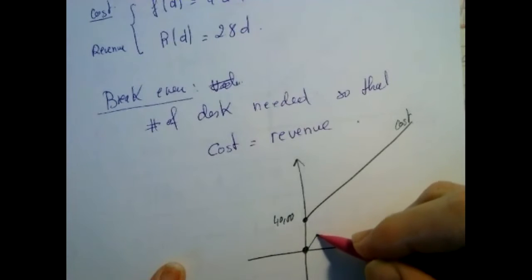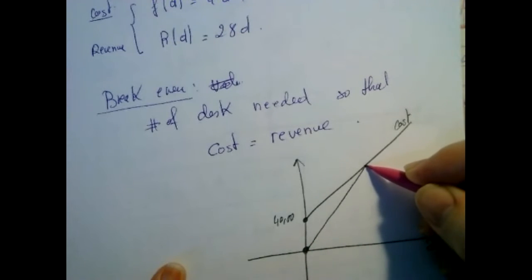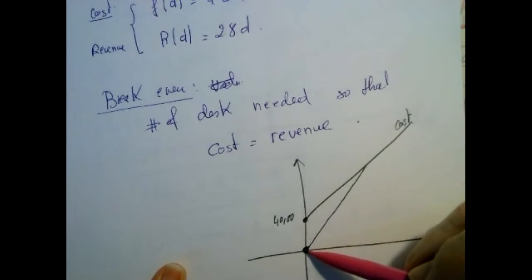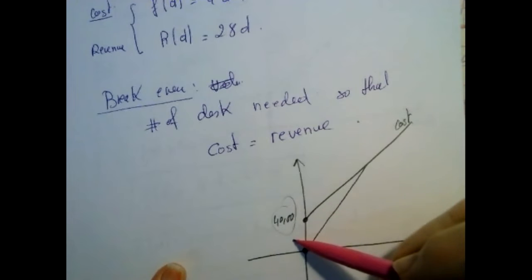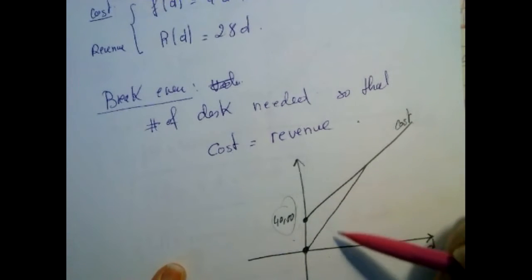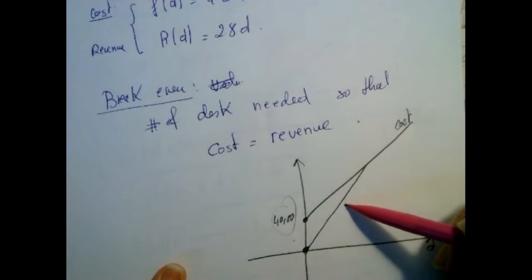But the revenue increases. Of course, the more you sell, the more revenue you bring in. But at the beginning, your cost is way more because you have this huge amount to start with. So at the beginning, you lose money. It makes sense because your cost is really more than what you're bringing in.